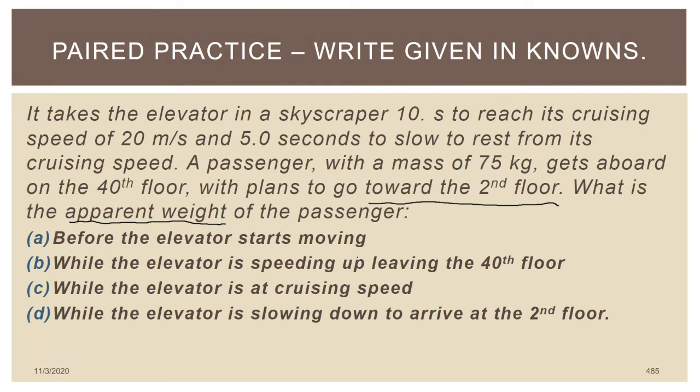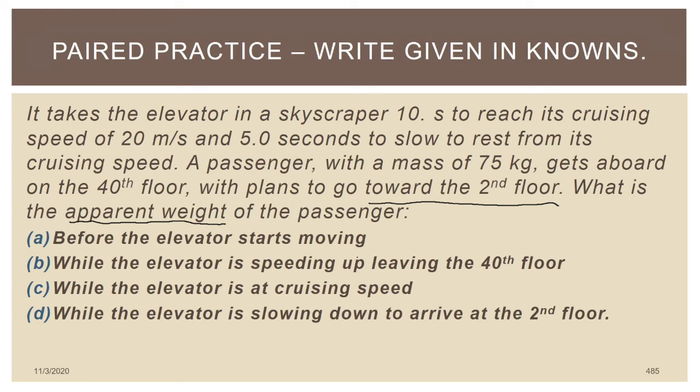Part C says, what is the apparent weight of the passenger while the elevator is at cruising speed? You should already know this one, because we already solved for it. While the elevator is at cruising speed, the elevator is not accelerating.